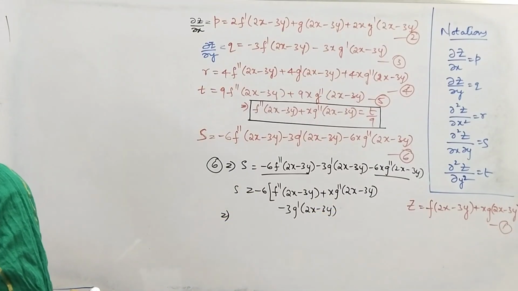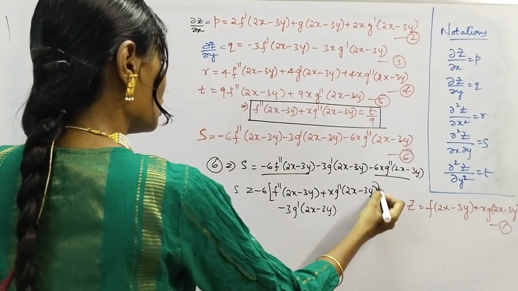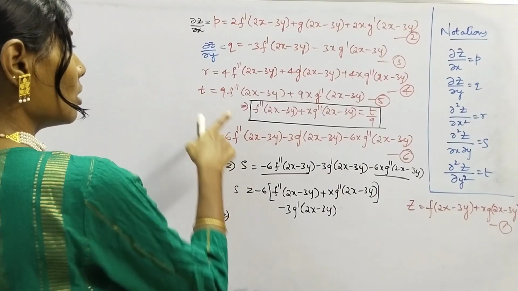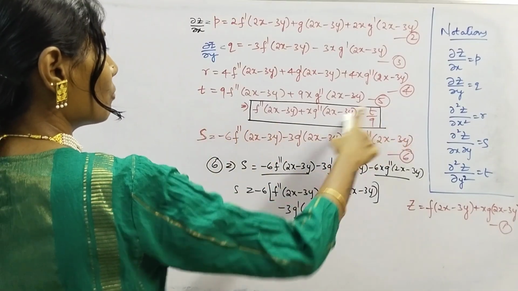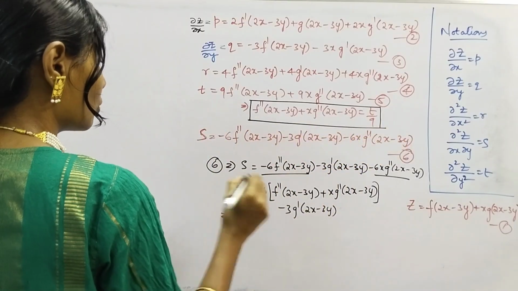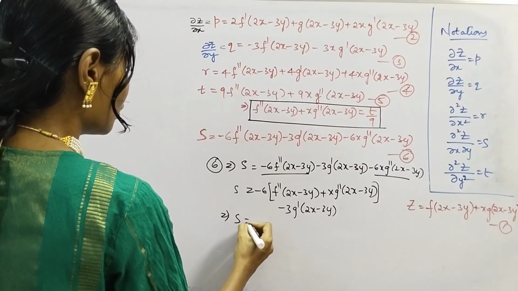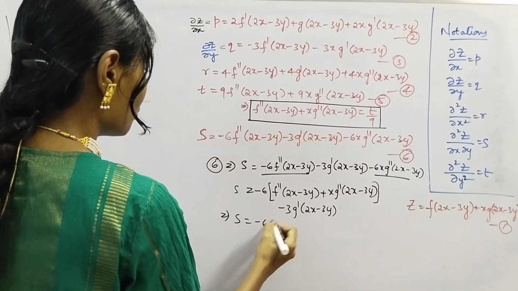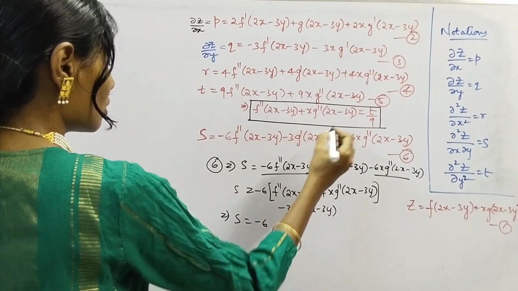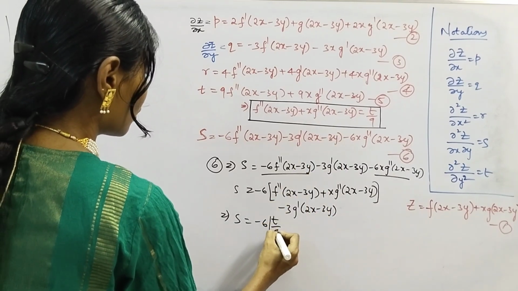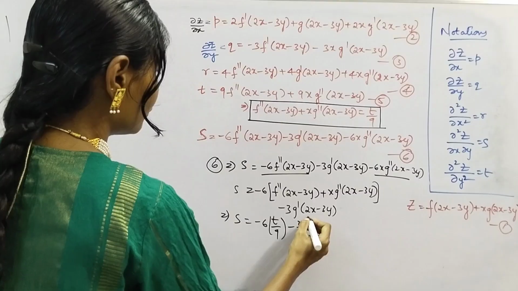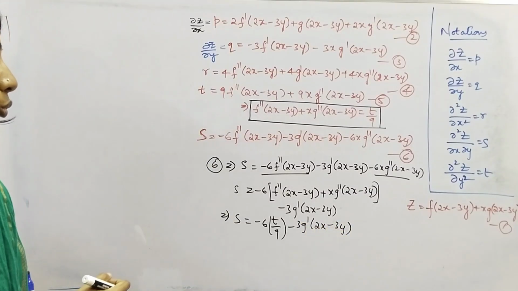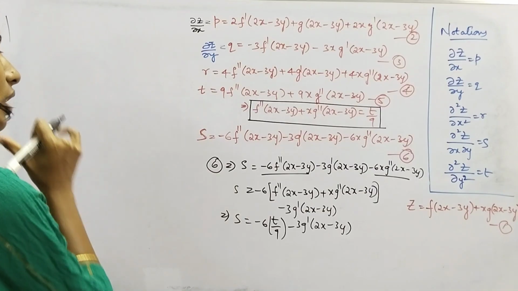Fine. Now let's replace f'' plus x g'' using t by 9, since from equation 5 you got this, right? So with the help of equation 5, we can replace f'' plus x g'' using t/9. Now what we are going to do, we are just finding the value for g', right?